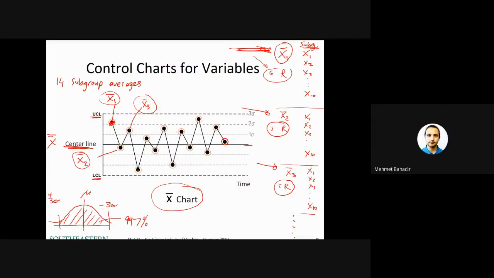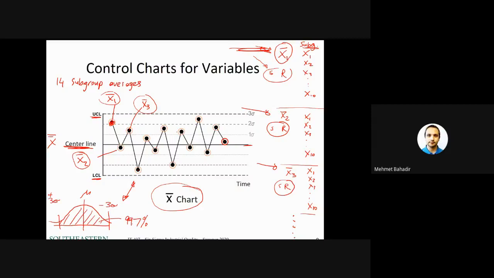So what is the relationship between this normal distribution and my variable control chart? If you remember from the first week, all subgroup averages are distributed normally. This is the result of the central limit theorem. It doesn't matter what the original distribution of individual values is.